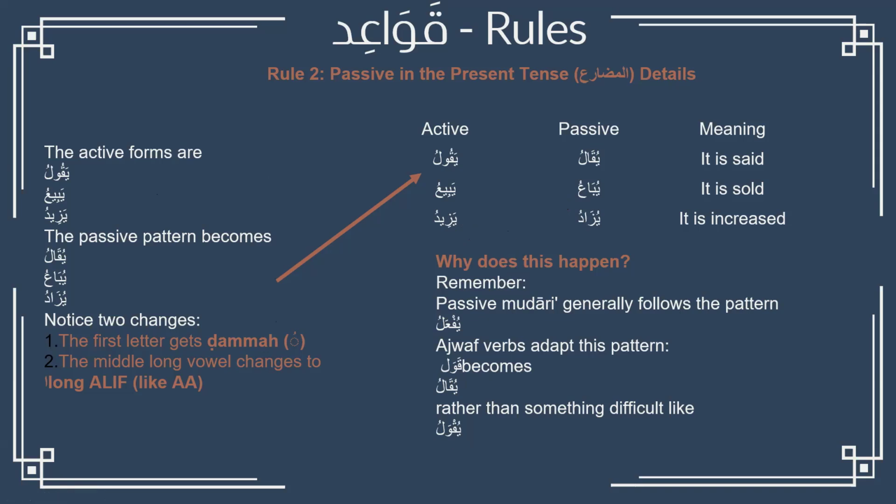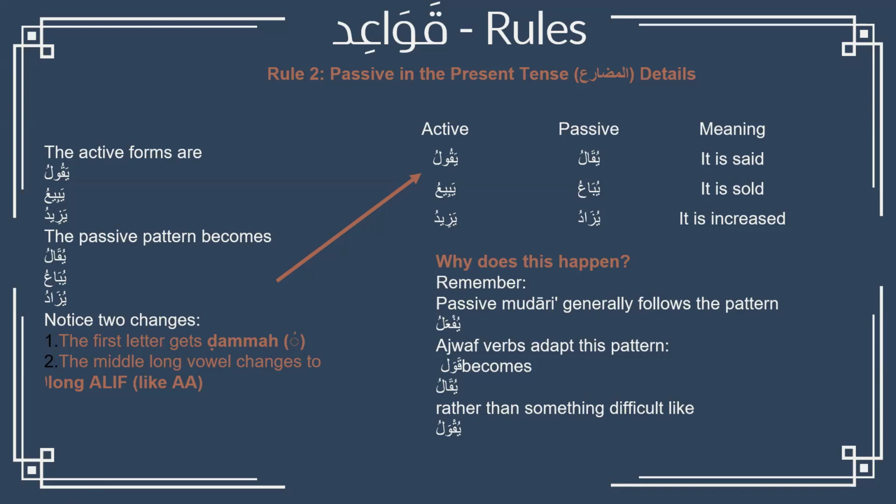So what is the rule? Simply that the first letter will get a dhamma. For example, from yaqulu, it will be yuqalu. And then the middle long vowel changes to a long alif. So instead of the waw, alif, or ya, all three of them will actually become a long alif.